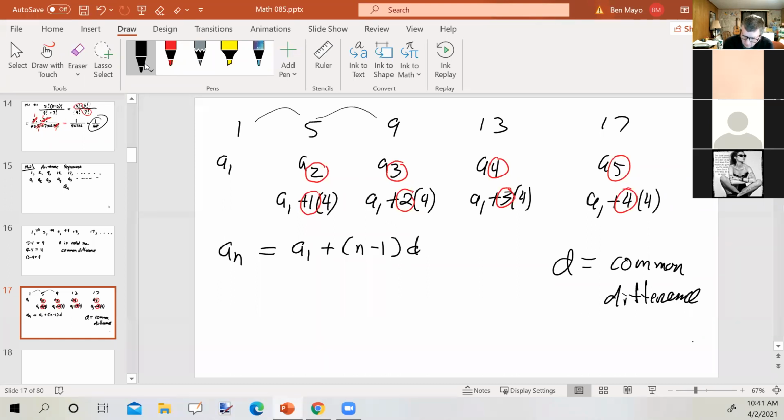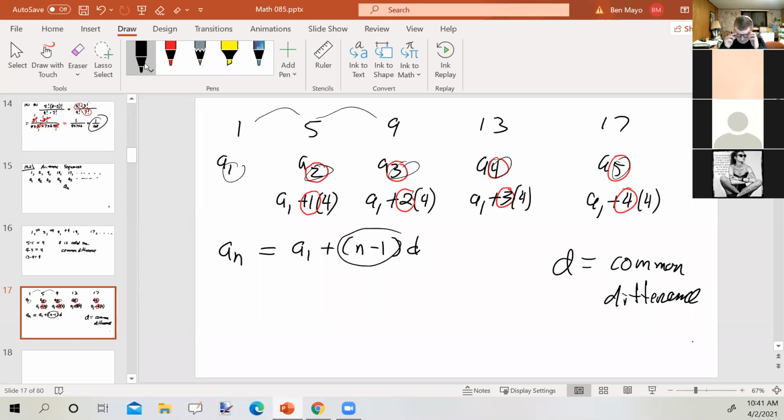So that's the 4. n is the subscript on the term. So n is 1 here, 2 here, 3 here, 4 here, 5 here. But how many times do we take the common difference? We multiply it by the subscript minus 1.